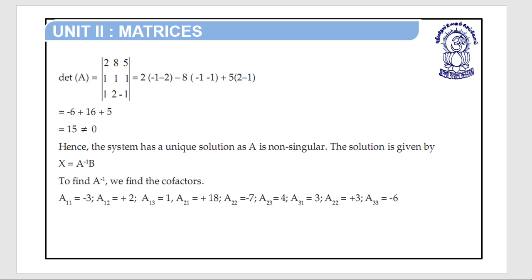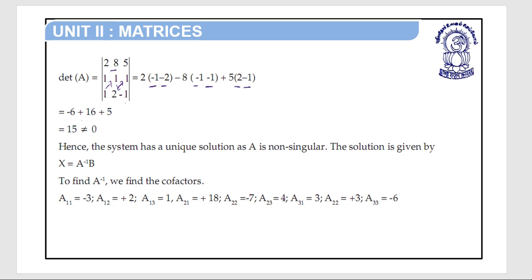Now the determinant of A is equal to 2 times (1 1, 2 minus 1), that is 1 into minus 1 minus 1 into 2, which is minus 3, so minus 6. Then hide the first row, second column: 1 1 1 minus 1, that is 1 into minus 1 minus 1 into 1, minus 2, giving plus 16. Then plus 5 for the first row, third column: 1 into 2 minus 1 into 1, which is 1.